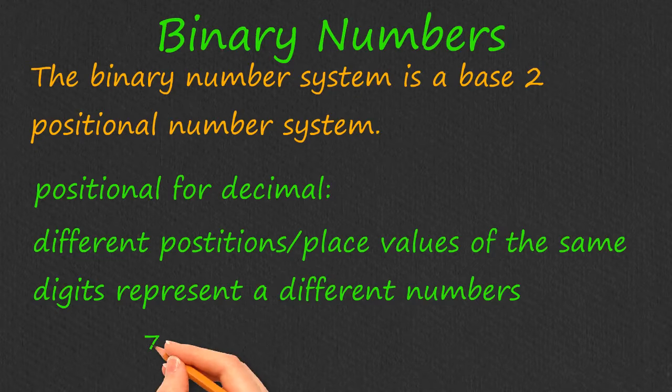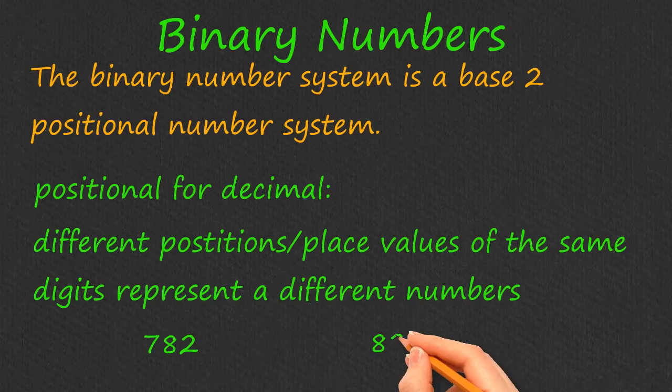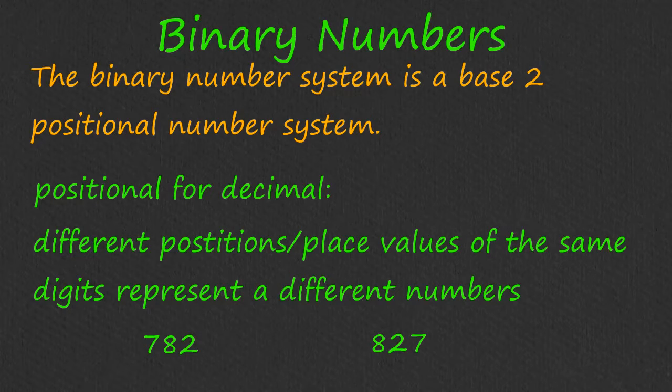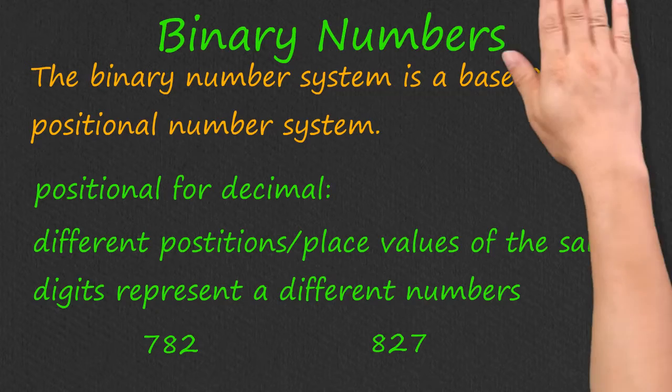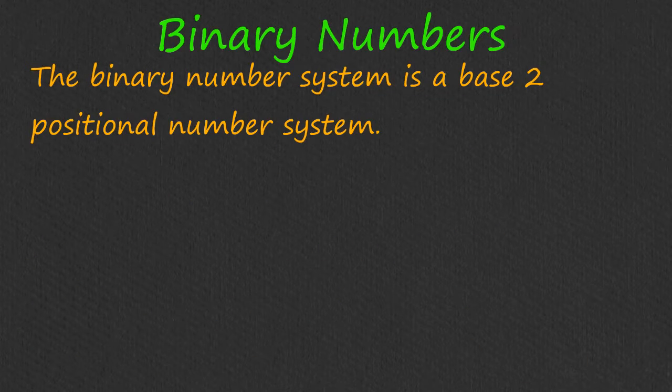For example, 782 and 827 use the same digits, but as the digits got placed to different positions, they represent a different number overall.